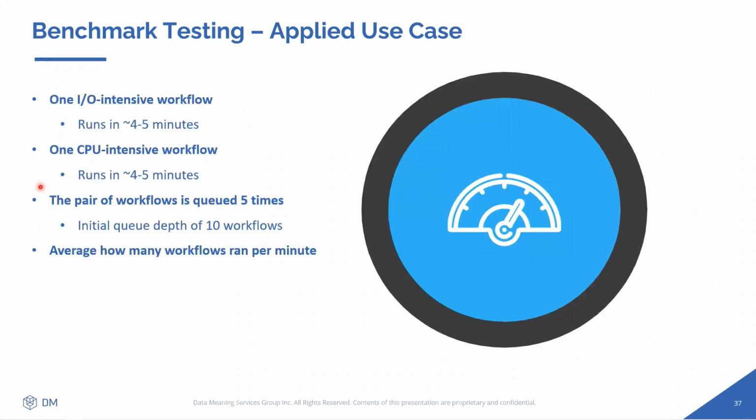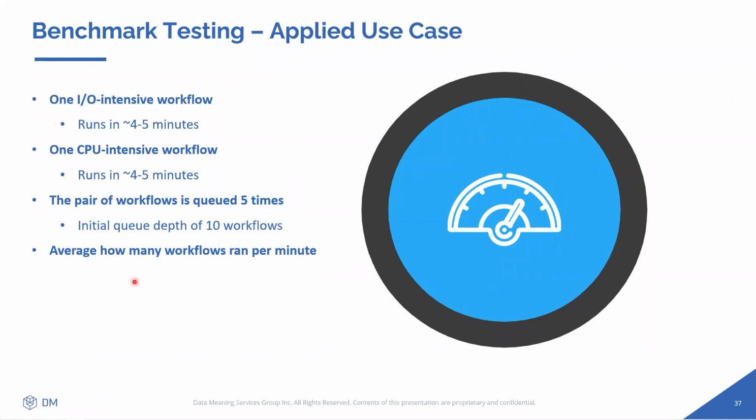For this case, we have one workflow that runs in 4 to 5 minutes. It's IO intensive. Another one is CPU intensive. We are using both workflows here, and each is queued five times. So we are running 10 workflows, which is like 50 minutes.